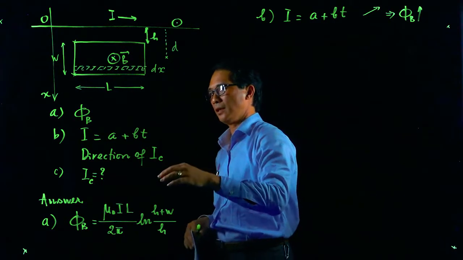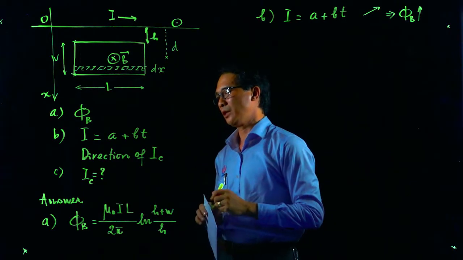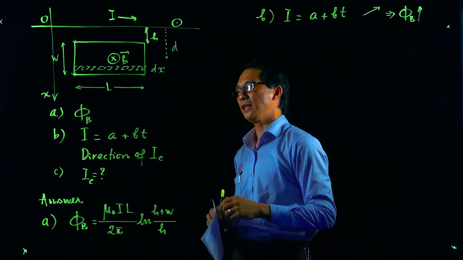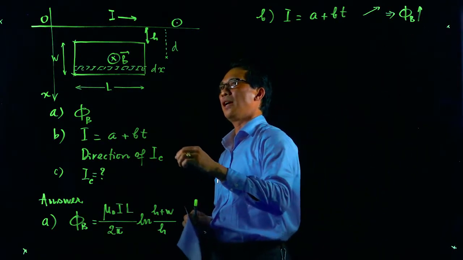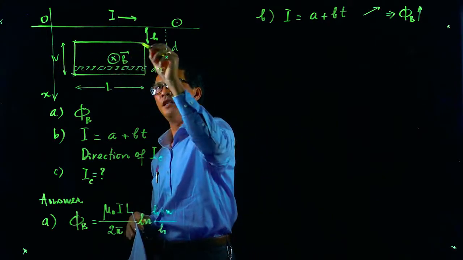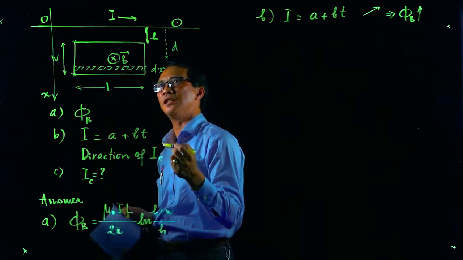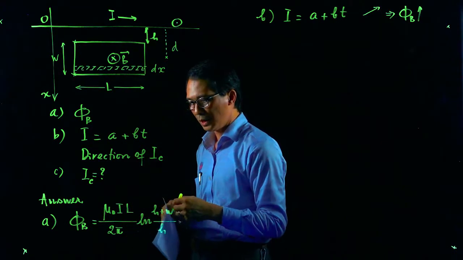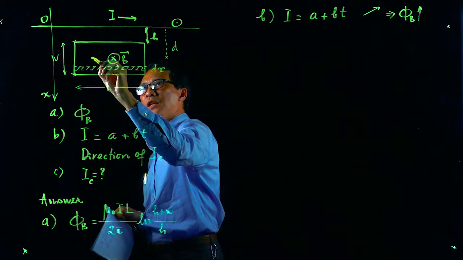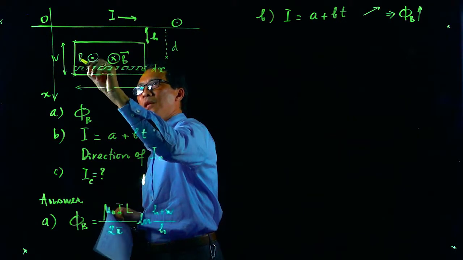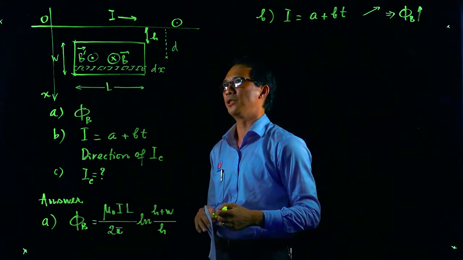In this case, apply Faraday's law to the situation here. You will see that because phi B increases, the induced current in this loop will have the direction so that the magnetic field created by this current will have the opposite direction to the B, right? So the B prime will be out of the page.